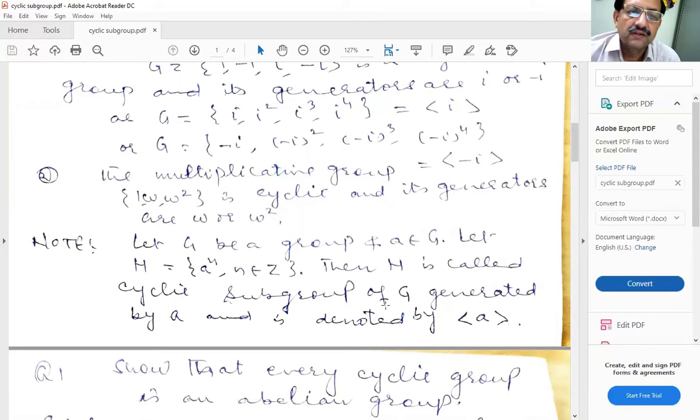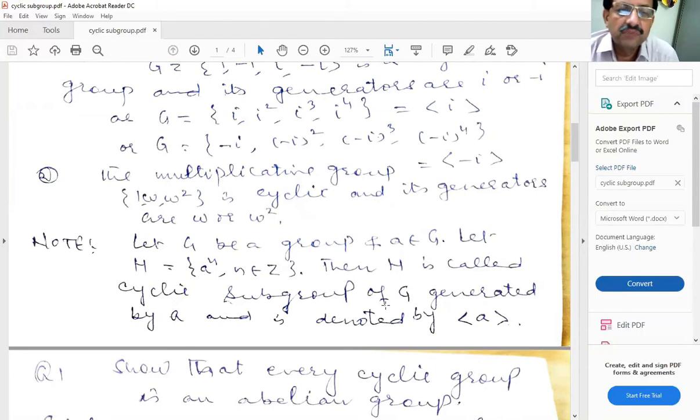Note, let G be a group and a belongs to G, then H equal to {a raised to power n, n belongs to Z, n an integer}, then H is called a cyclic subgroup of G generated by a.